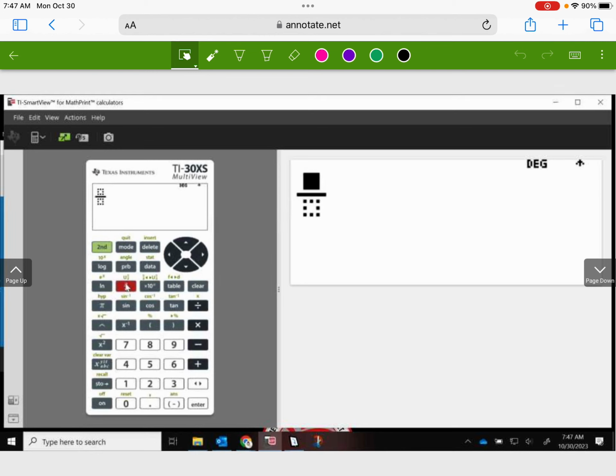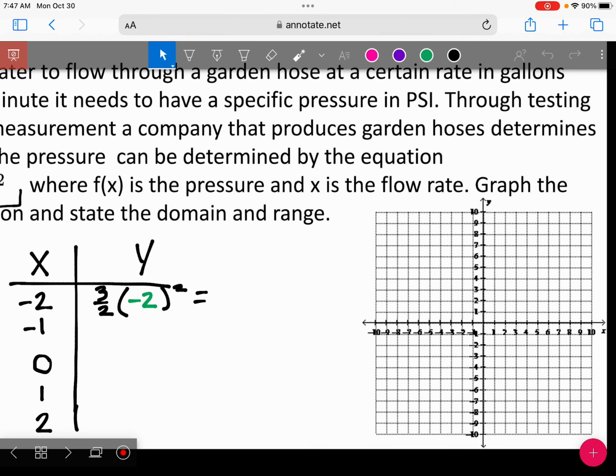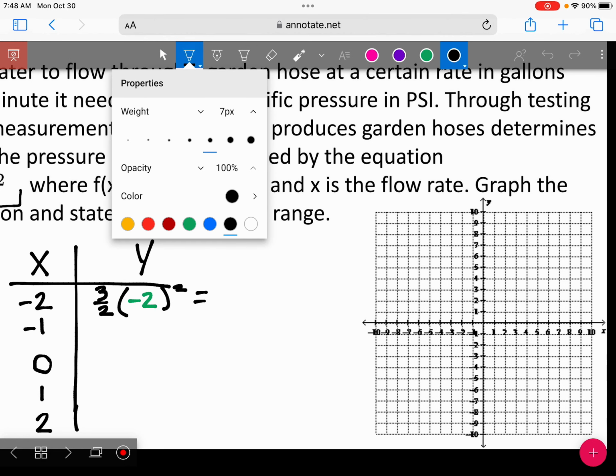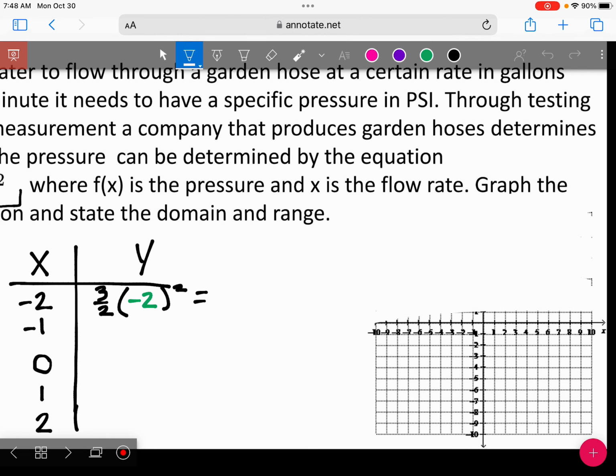So if we have 3/2 times -2 squared, we're going to get 6. So when x is -2, and I'll change this so I can do a sketch with you instead of having a proper graph.